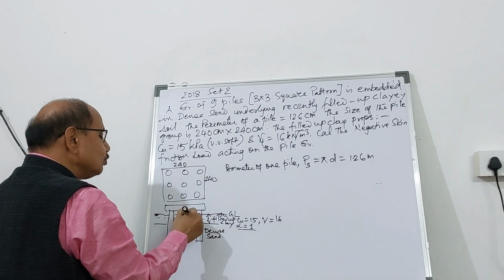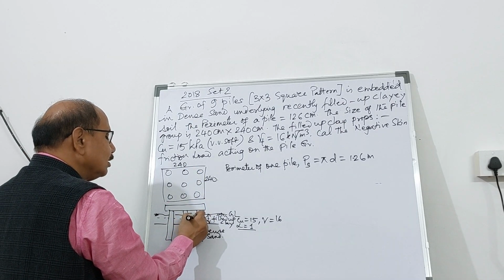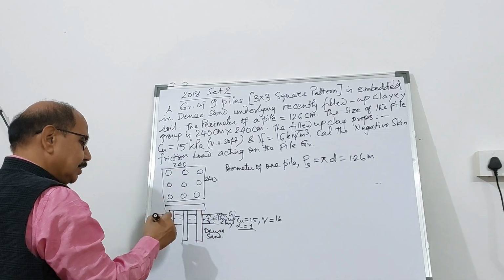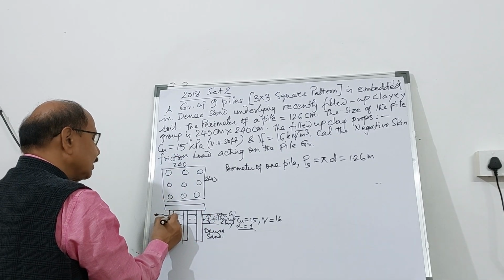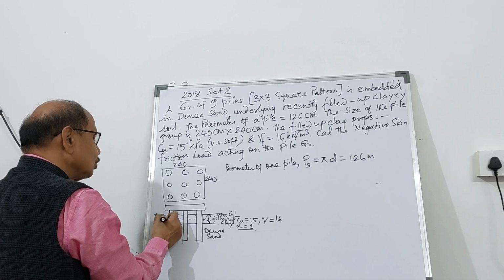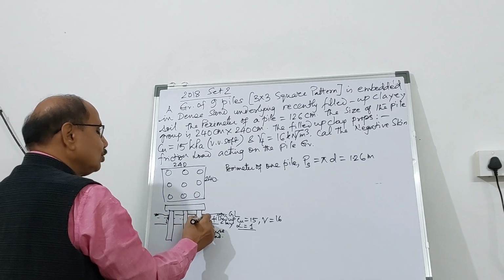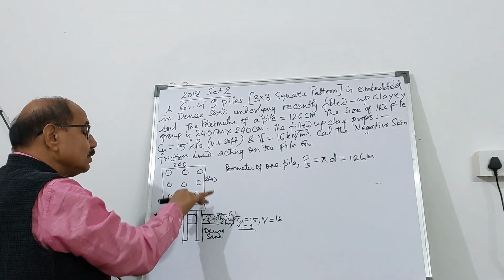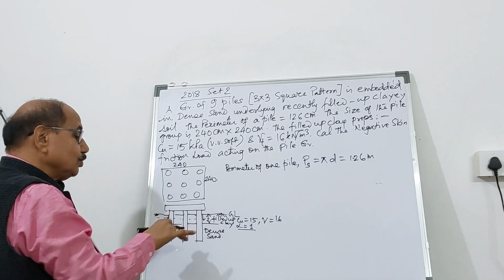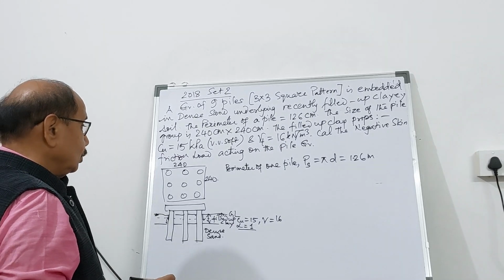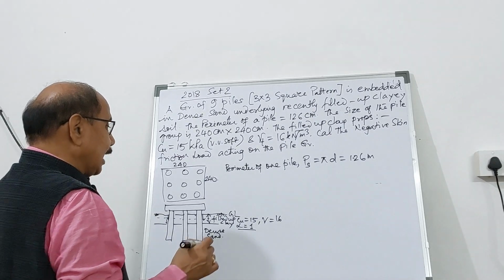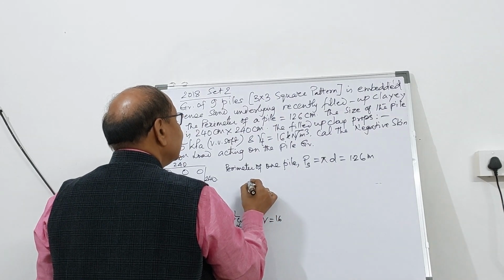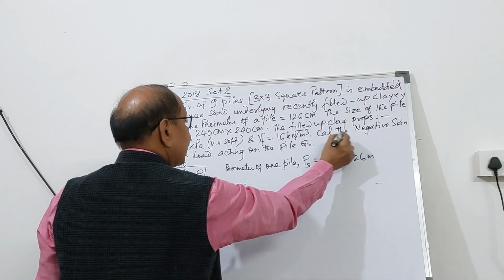Naturally, when it is going to settle, it will induce a negative friction in the downward direction. So the drag force is going to act in the downward direction because the filled up ground is going to settle. So you need to calculate the number of piles are known to you. So therefore, this we can calculate.